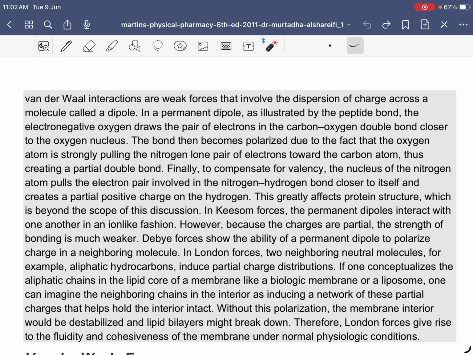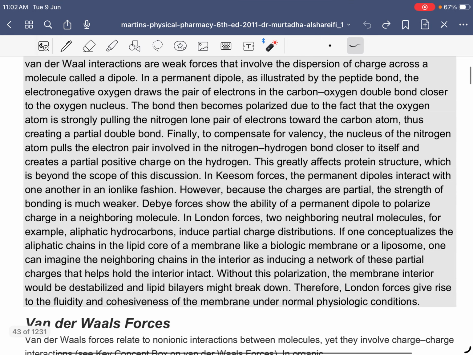Finally, to compensate for valency, the nucleus of the nitrogen atom pulls the electron pair involved in the nitrogen-hydrogen bond closer to itself and creates a partial positive charge on the hydrogen. This greatly affects the protein structure, which is beyond the scope of this discussion.